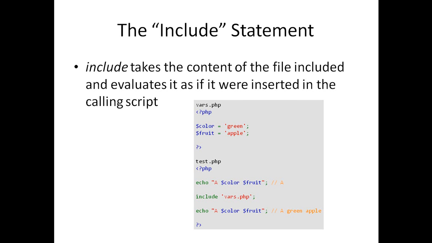So one way is if I set in test.php, say the first line of test.php after the open PHP was color equal orange. Then I include vars.php. The next statement is going to have color equal green. You literally changed the variable that you defined in the original file. So you want to be careful with that.